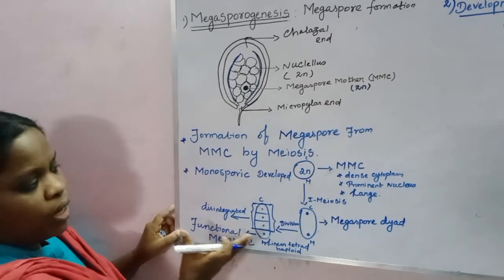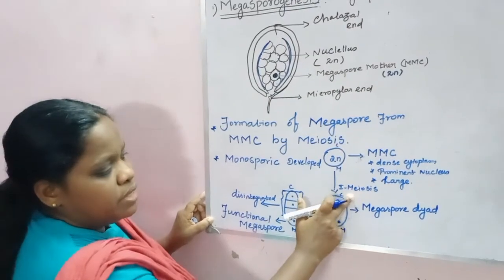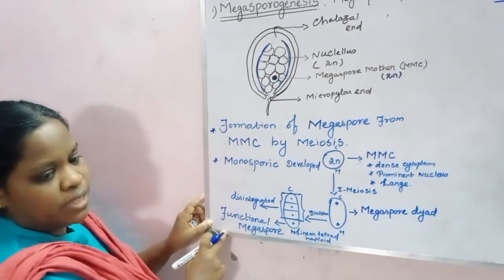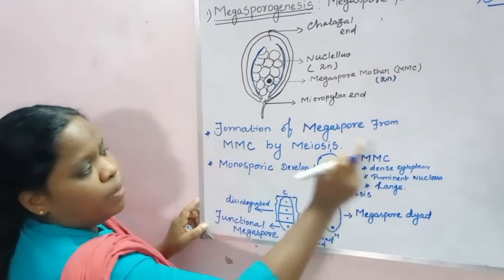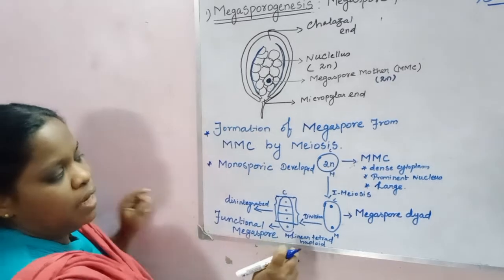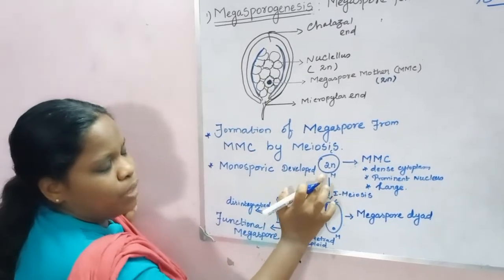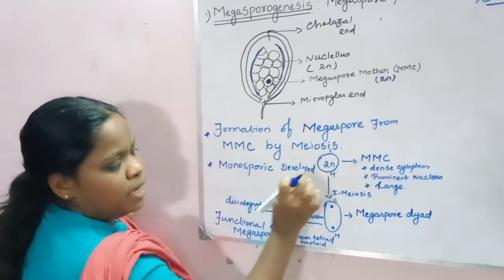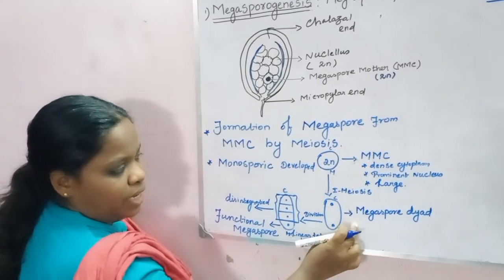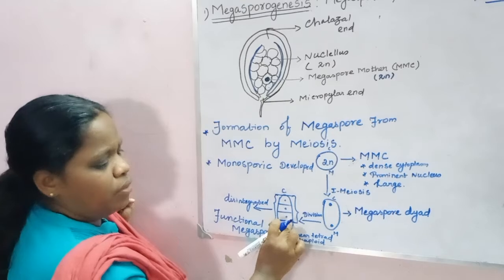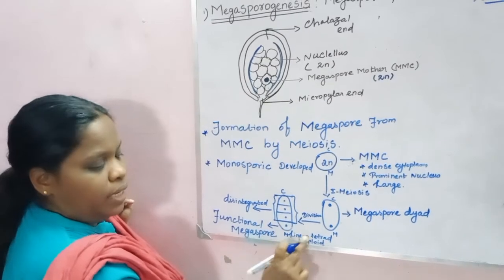megasporogenesis. Here, what kind of cell division occurs? Meiosis cell division. Which cell is involved here? Megaspore mother cell. What about the chromosome number of the MMC? Diploid in number. First, what will form? Megaspore dyad. Again it undergoes division and forms a linear tetrad.